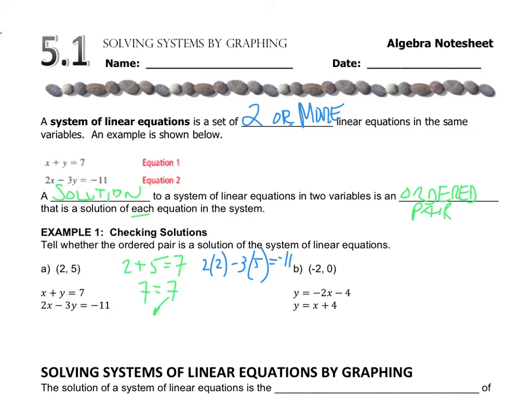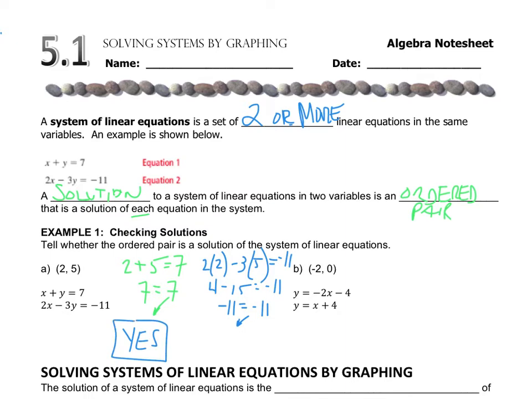Then I would use my order of operations here. And lo and behold, it also works. So because it is a solution to both equations, yes, this is a solution to the system.